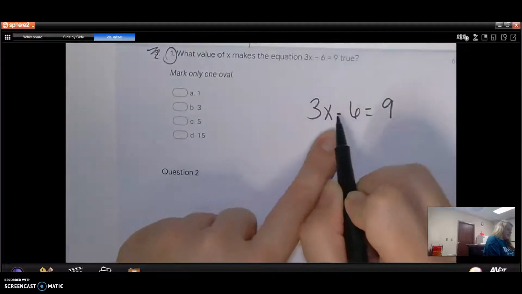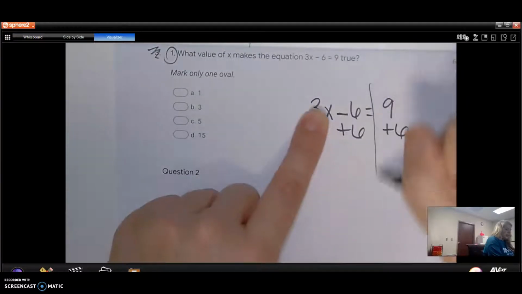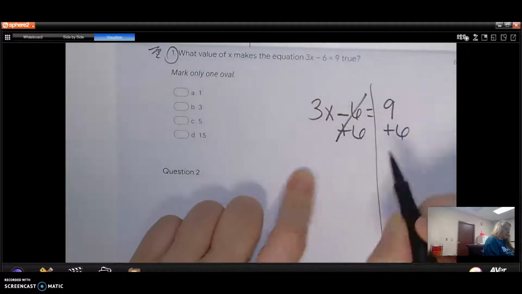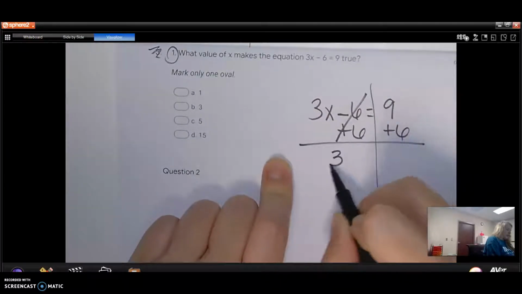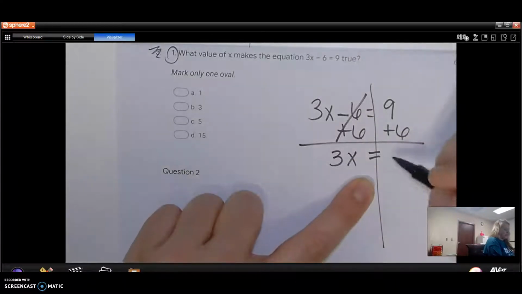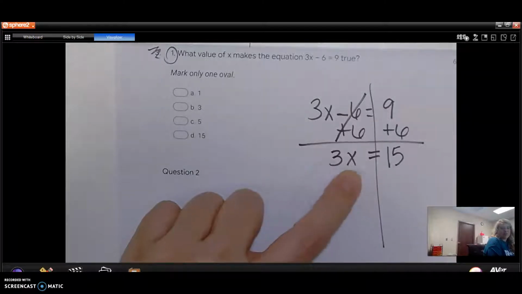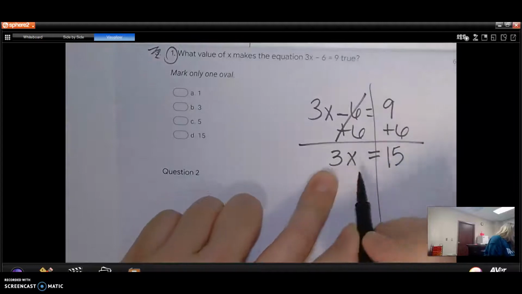6 is my constant, so I am going to add 6 to both sides of my equation. There's a 0 pair. That would give me 3x is equal to, well, 9 plus 6 is 15. So I have 3x is equal to 15. This is multiplication. Remember, I'm trying to isolate this variable by itself.